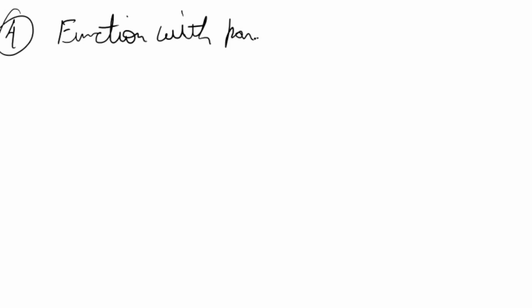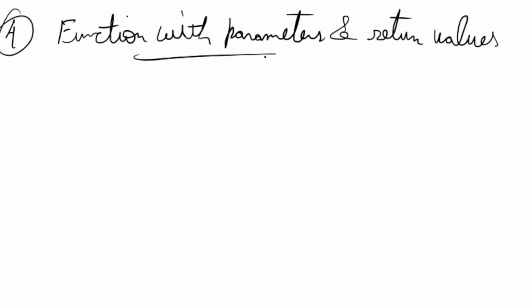Okay, now let's move on to the last and fourth one, which is our function with parameters and return values. In this category there will be a data transfer from the calling function to the called function, just like the previous one, function with parameters and no return values. And there will be no data transfer from the called function to the calling function.